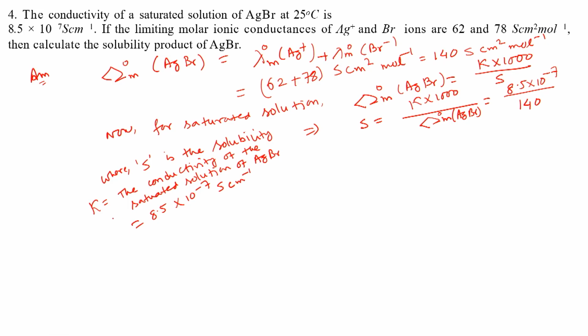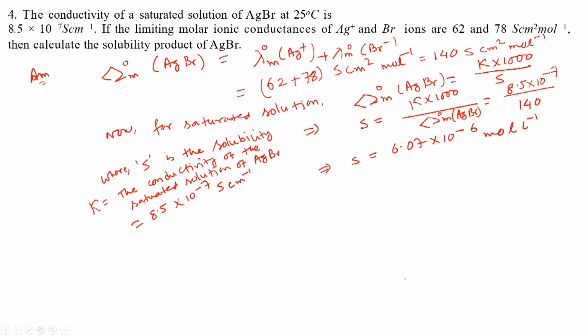So, we are putting this value of kappa here, and we can calculate now S. So, S will be 6.07 times 10 to the minus 6 moles liter inverse, right. Now, we got the solubility S.